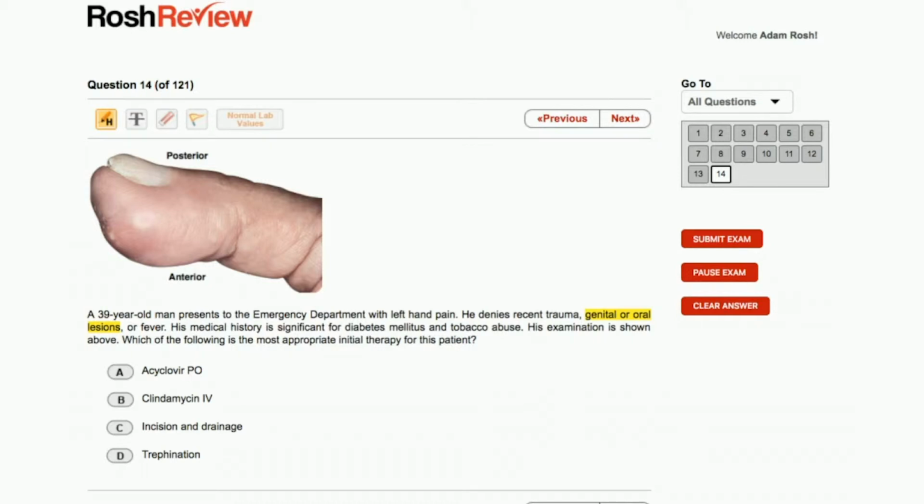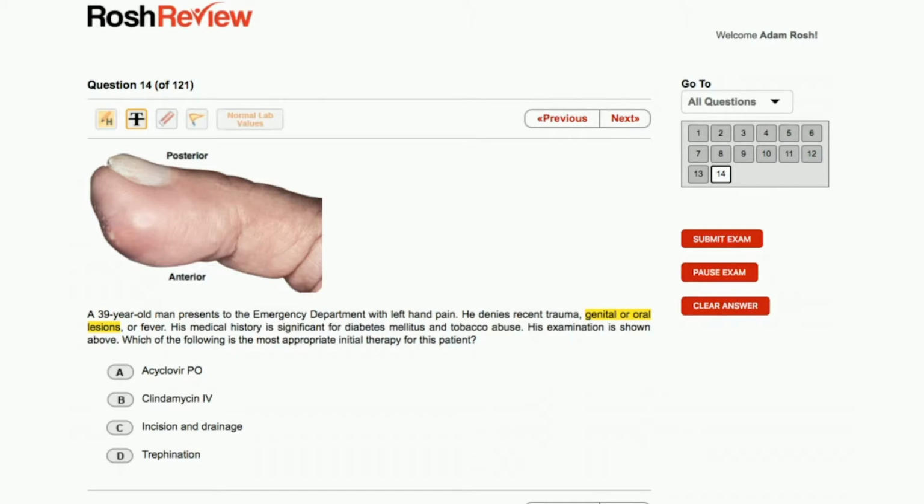All right, so let's look at our answer choices and see if we could identify which one is the best answer for the initial therapy. Let's start with Acyclovir. Acyclovir is going to treat herpes simplex virus, but we talked about why it's unlikely to be herpes simplex virus given the history in the question.